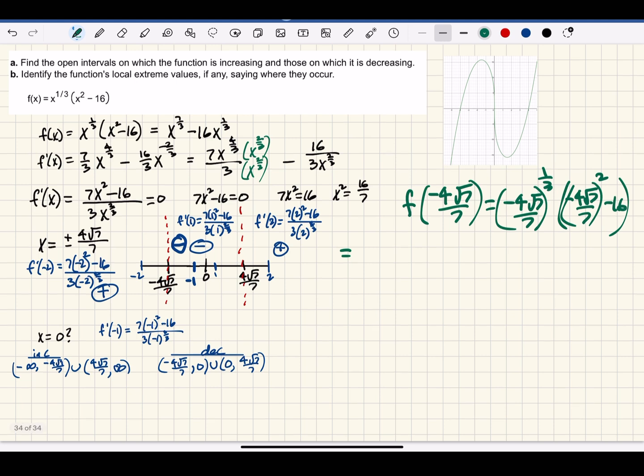Using our exponent properties, we would have -4 raised to the 1/3 power times the square root of 7 raised to the 1/3 power. We could write the square root of 7 as 7 to the 1/2, then raised to the 1/3 power. And then on the bottom, we would also have 7 to the 1/3 power.